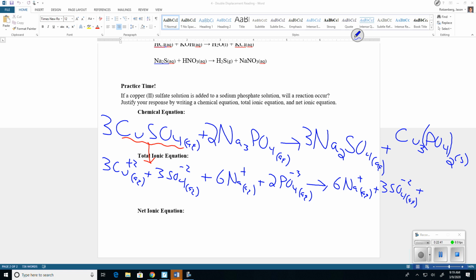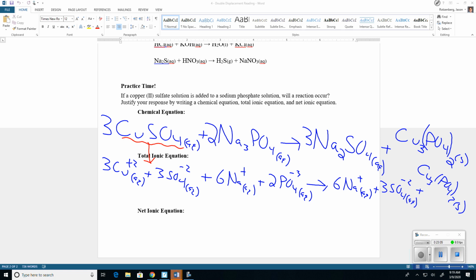You'll see definitely a lot of it next time. But because this is not aqueous, we can't break it apart. You keep this held together. Cu3(PO4)2 solid. This would be the total ionic equation for this reaction.